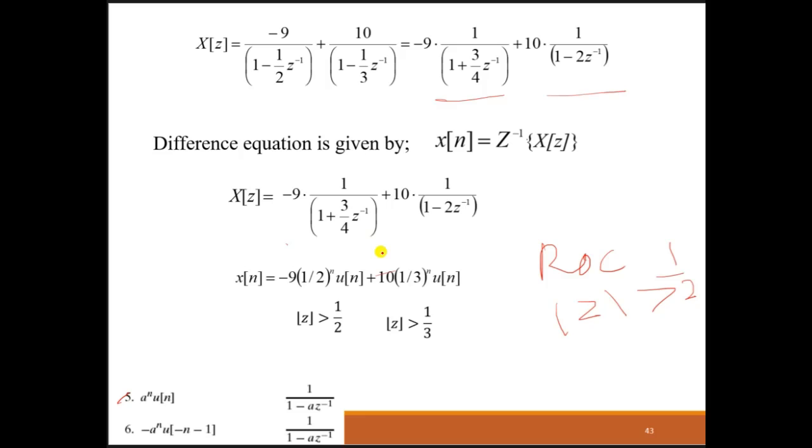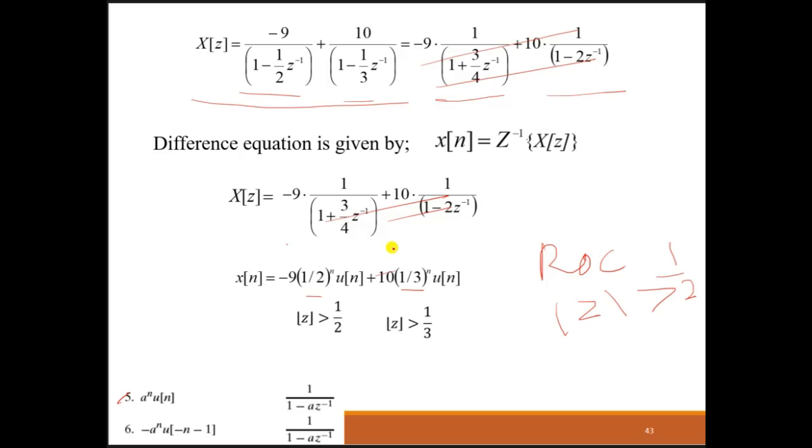This part has a small mistake, but this part is okay. Use this one, don't be confused, sorry. So X(z) equals to this equation, which has a small mistake. So substitute: 1 over 2 for its a, then 1 over 3 for its a. Substitute, then you have your x[n].